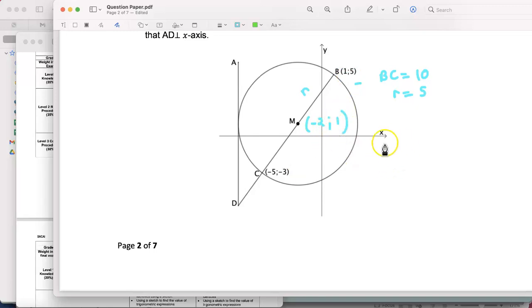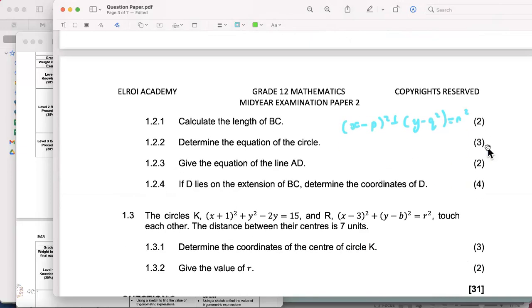So that was the center. And I literally just substitute that: (x minus -2, which is plus 2) squared plus (y minus 1) squared is equal to r squared, which is 5 squared. Okay, determine the equation of the circle. There were another 5 very, very easy points.